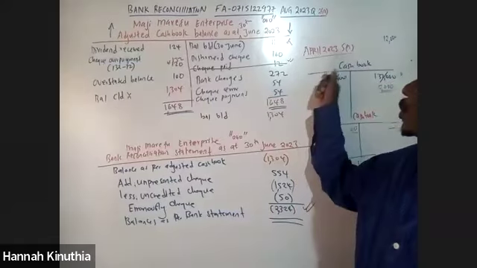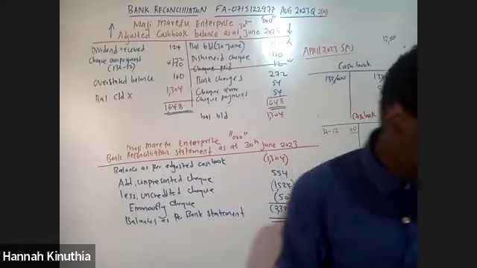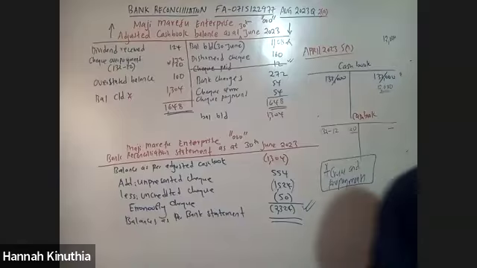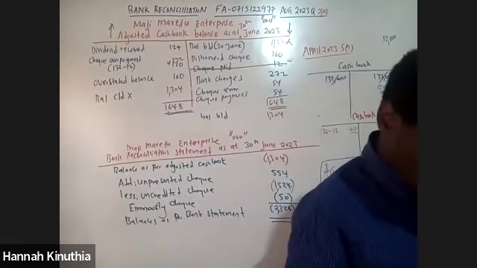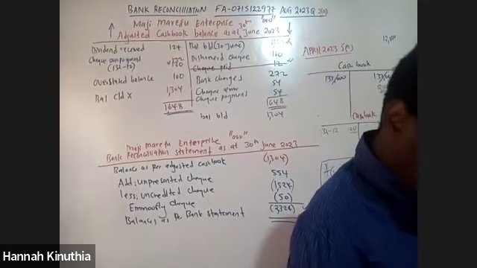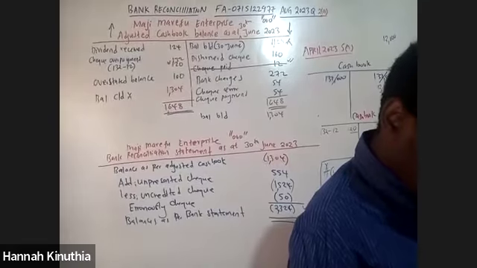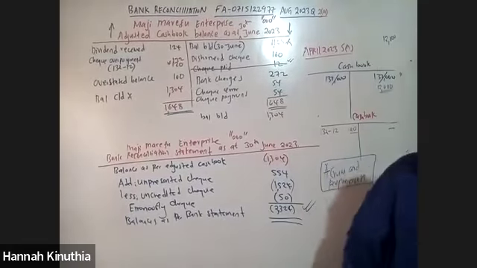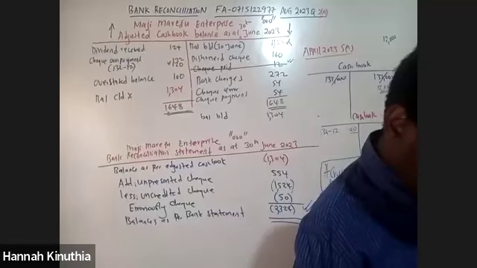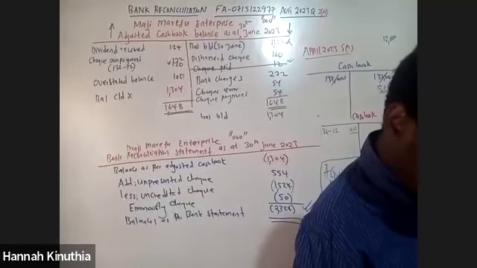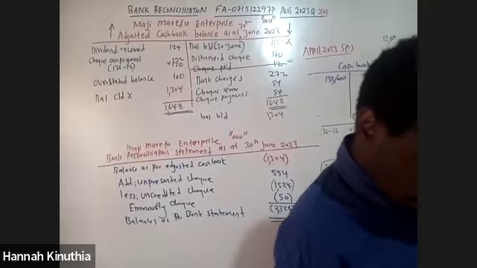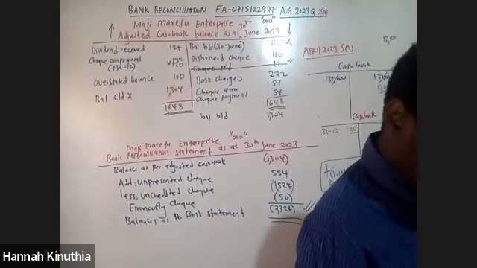Assignment hii hapa AP 2023 question number 5A. Unaiona? 5A sio. 5A nasema ni theory. Sio hiyo 5A. Acha niwaangalilie. Kwa hiyo swali, which one is talking about the constitution statement? Bank reconciliation ama hakuna? Hakuna. Hizi ni maajabu ya Musa.